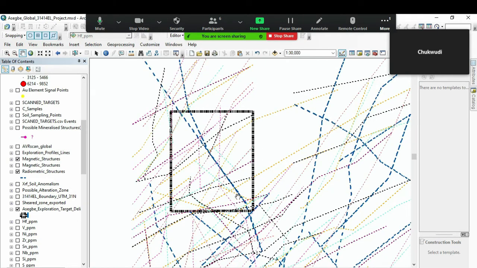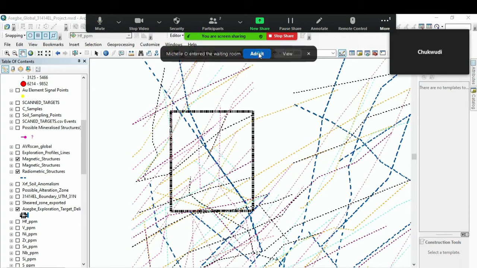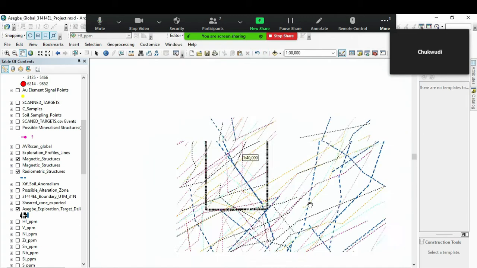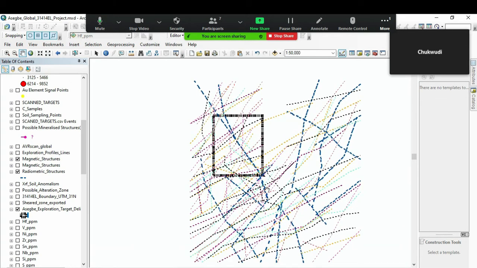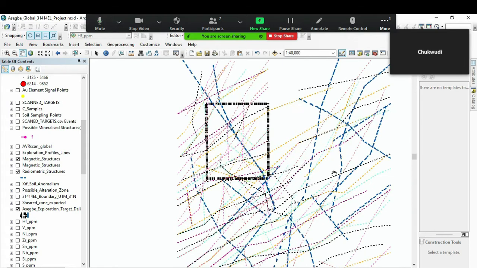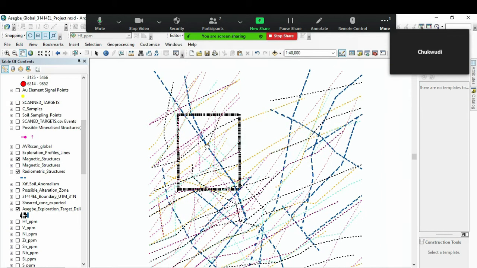We think that there's a lot of criss-crossing structures within this particular zone. If you look at this, you can find out that it is quite a large area, so there's no way you could have tried to carry out all exploration here. So you would need to target and narrow down to a particular zone.